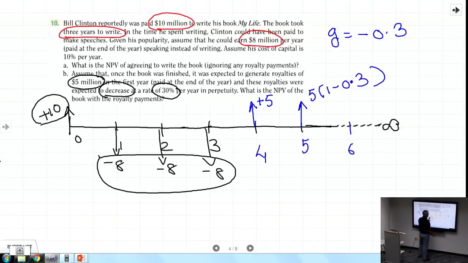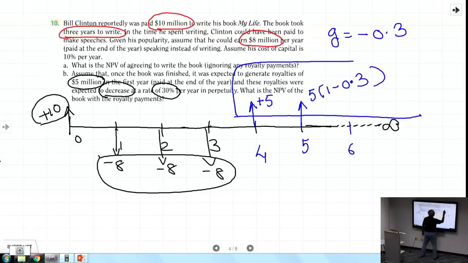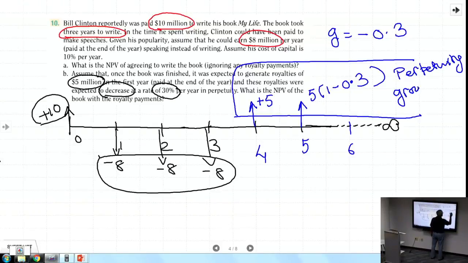So that means the cash flows in blue represent a perpetuity because they happen forever, but this is a growing perpetuity, and in this case the growth rate is actually negative. It is a negative growth perpetuity.